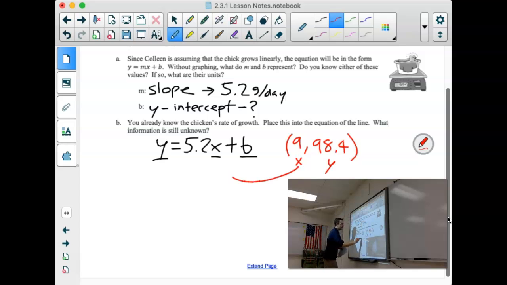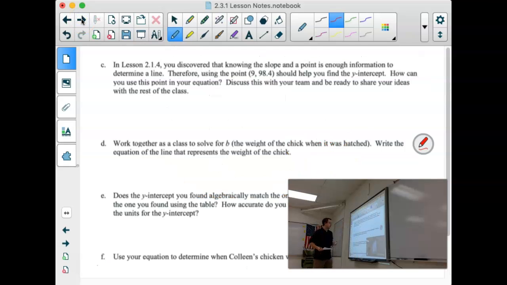What if we plug in 9 for x and we plug in 98.4 for y? We should be able to solve for our y-intercept if we do that. That's what we're trying to do on the next page here as we look at part D.